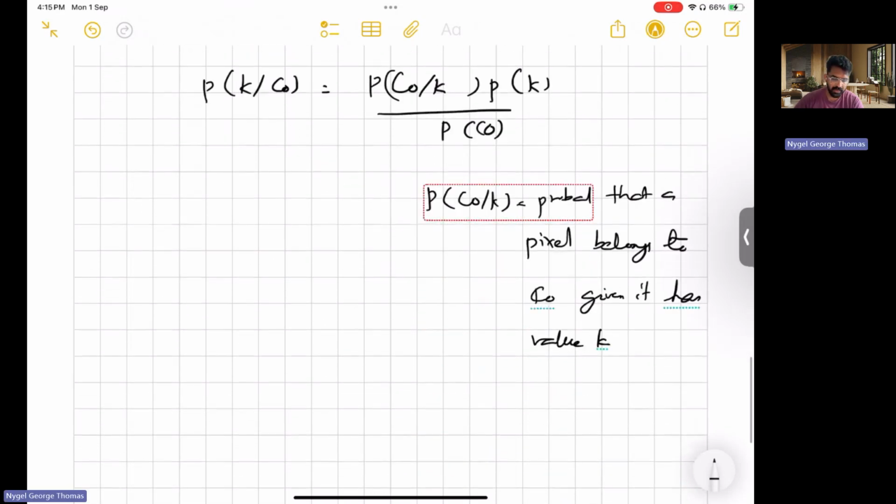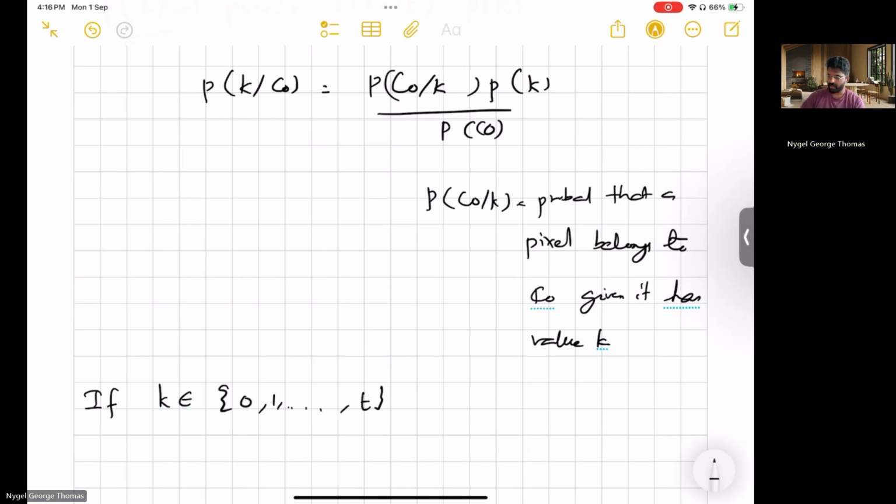If k actually belongs to the first set of class values 0, 1, etc. till t, in those cases P of C0 given k is equal to 1 because it's a sure event.